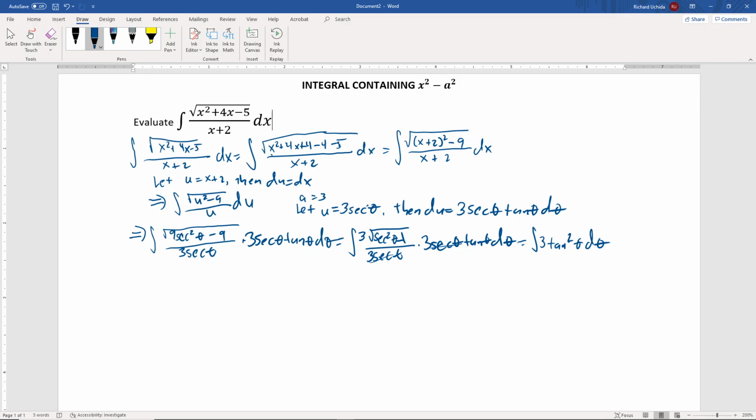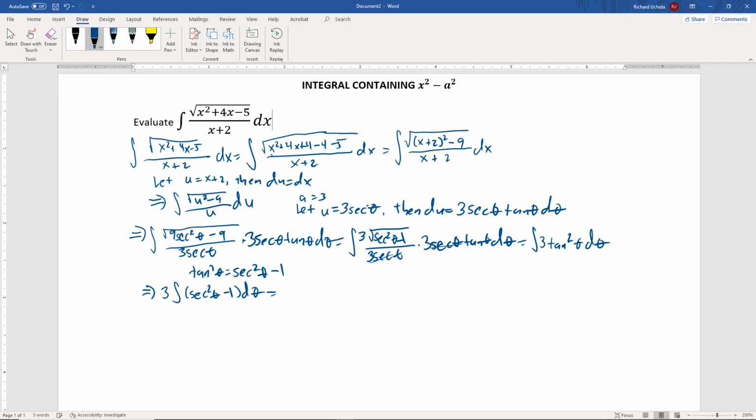Now we're going to use the identity that tangent squared of theta is equal to secant squared of theta minus 1. So this gives us that our integral would be the same thing as 3 times the integral of secant squared of theta minus 1 d theta.